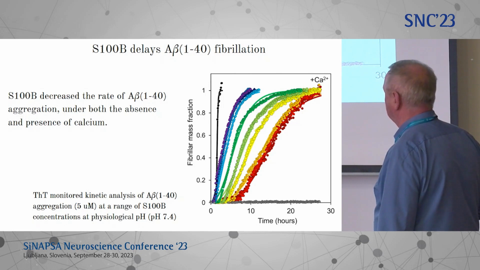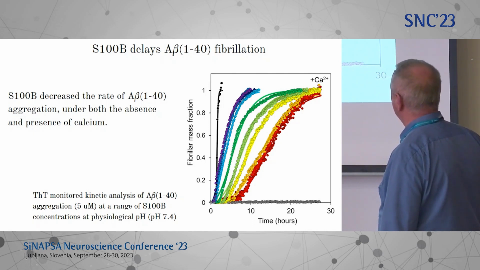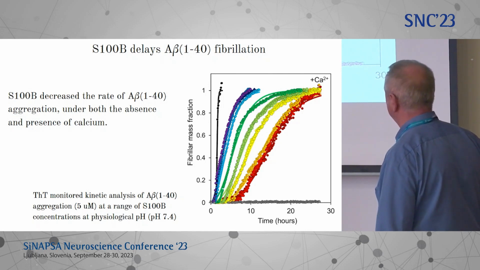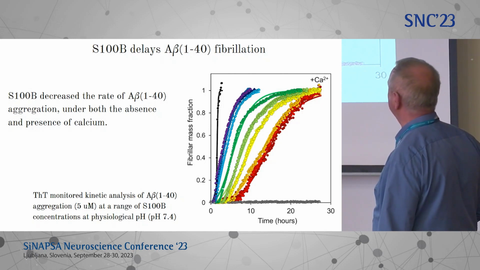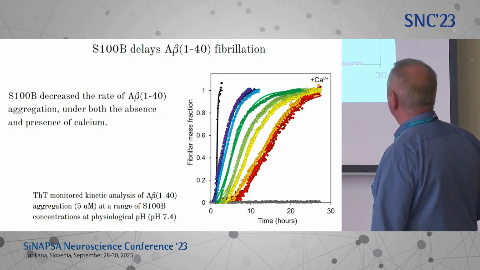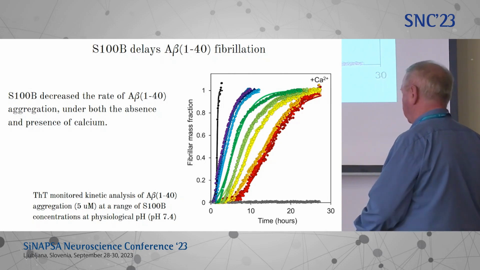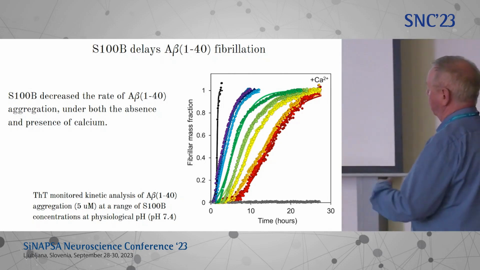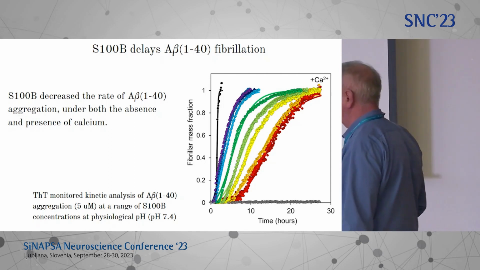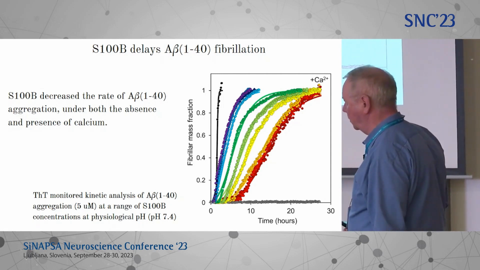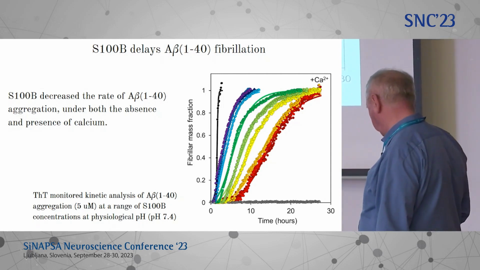You see that for 5 micromolar A beta, we have a strong effect of delay of fibrillation, and this effect is observed in both forms, without calcium and with calcium, but calcium addition changes the character of interaction between A beta and S100 beta.